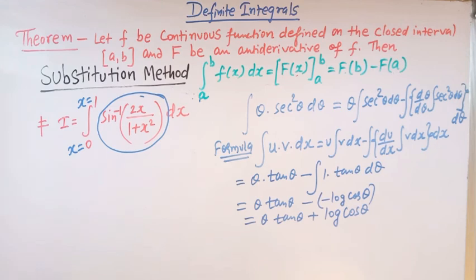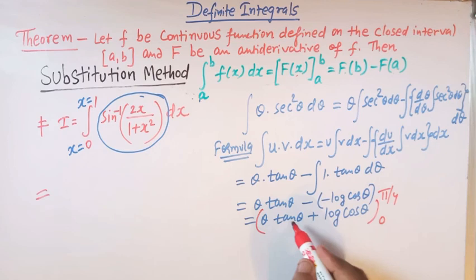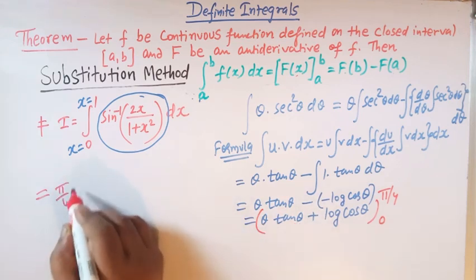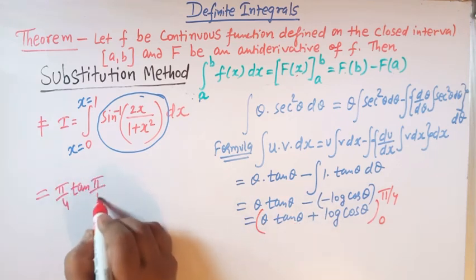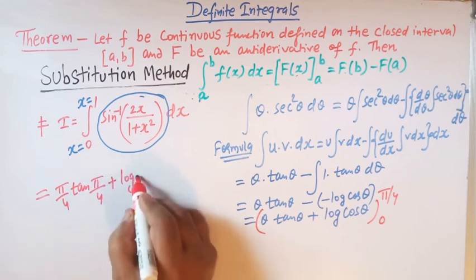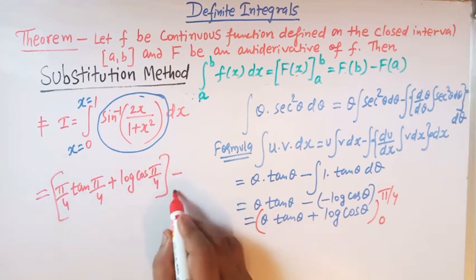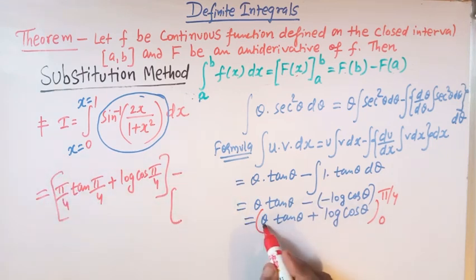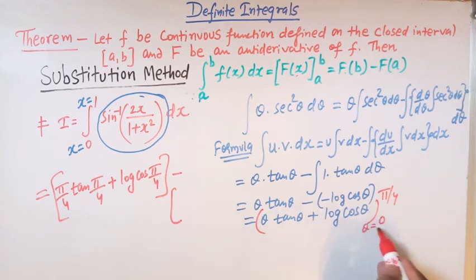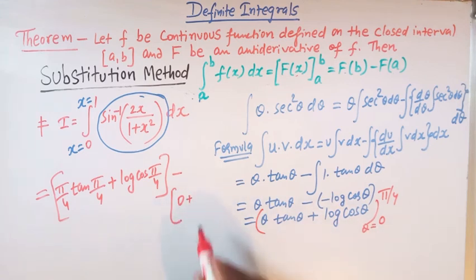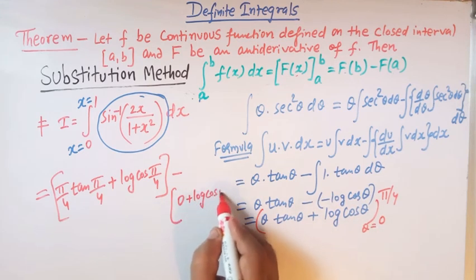definite integral. So we'll substitute the limits here, that is 0 to pi by 4. So when we substitute pi by 4 here, we have pi by 4 tan pi by 4 plus log of cosine of pi by 4, and then minus, and if we substitute theta equal to 0 here, we have 0, and then log of cosine of 0, right?